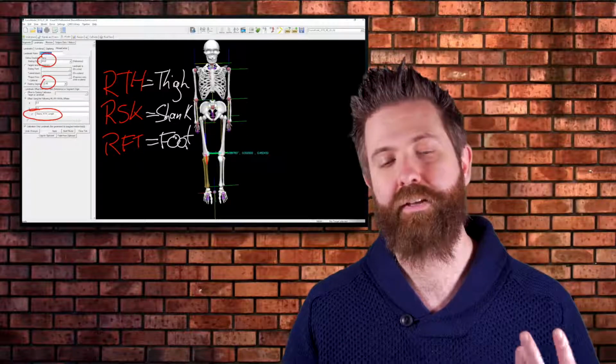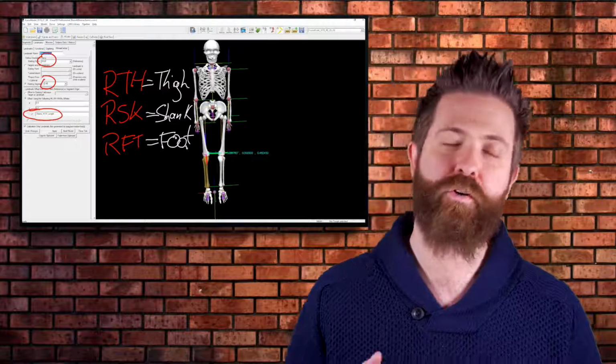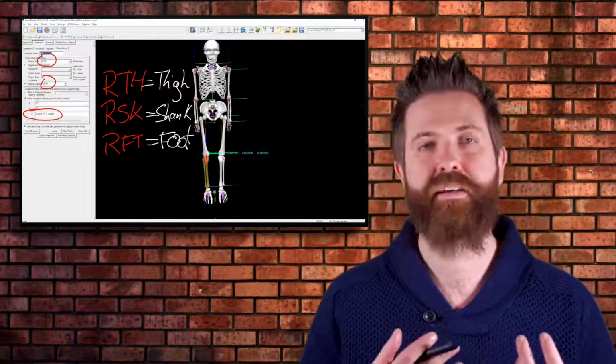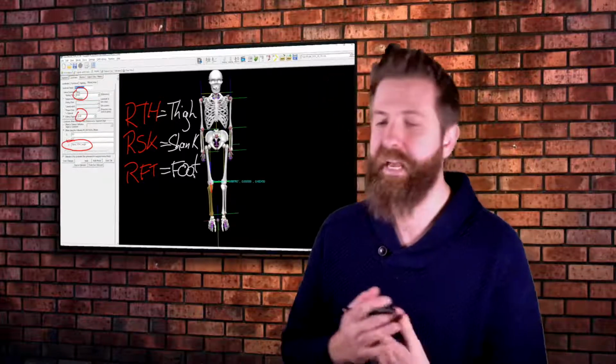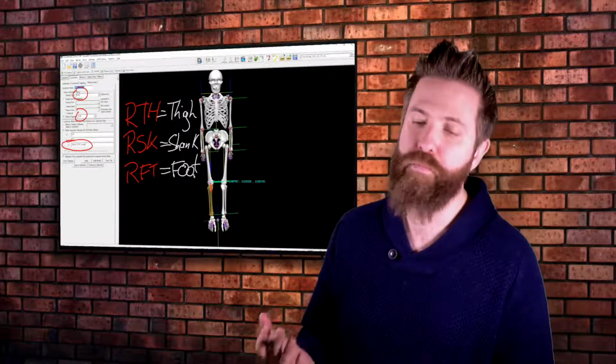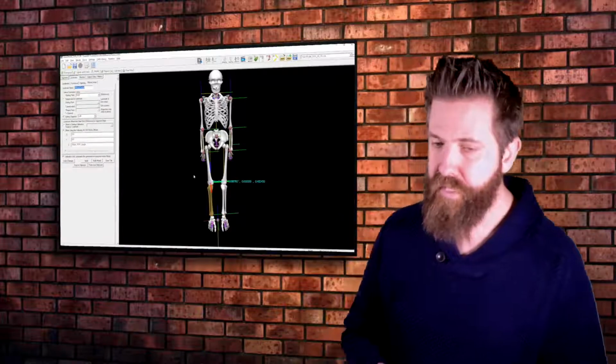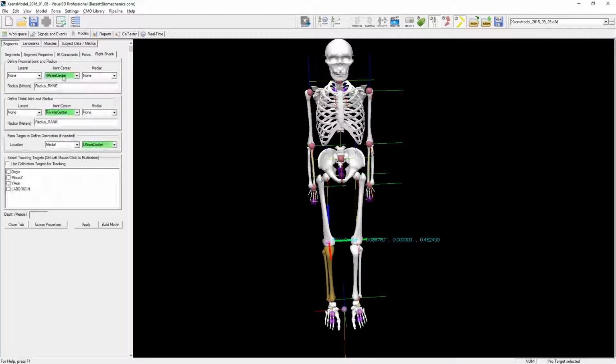These are actually the right thigh, right shank, and right foot, where LTH would be the left thigh, LSK would be the left shank, and LFT would be the left foot. So if we go back to segments, you see that right knee center was defined exactly the length of the thigh vertically down within the lab to define that knee center.